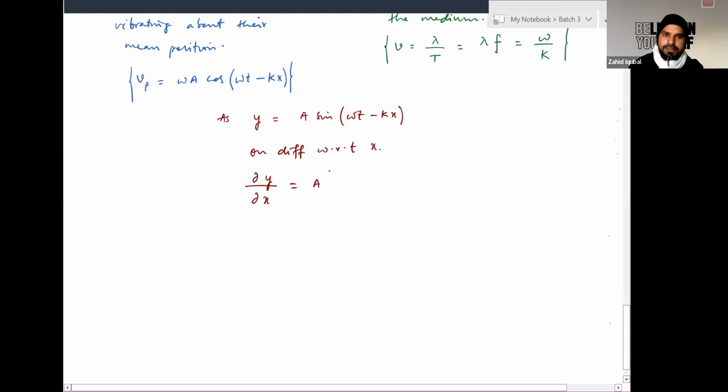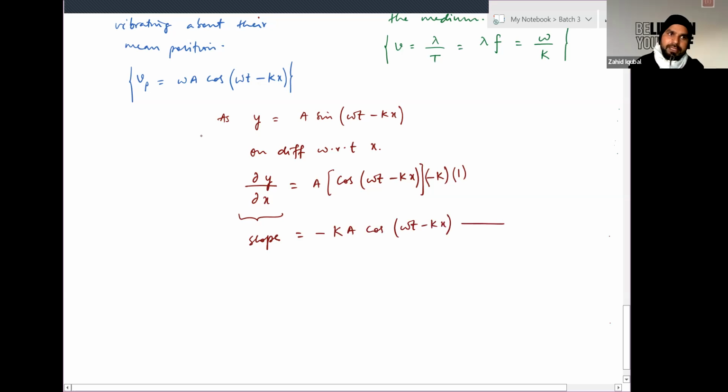A being constant, differentiation of sine will be cos (omega t minus kx). We are differentiating with respect to x, so the coefficient of x, that is k in this part, will come out, and differentiation of x will be just 1. This term will define nothing but the slope of that particular curve at that instant, times cos (omega t minus kx).